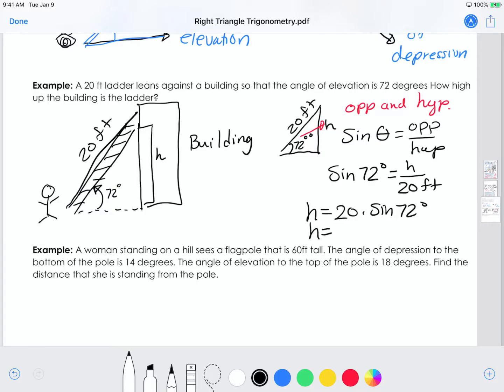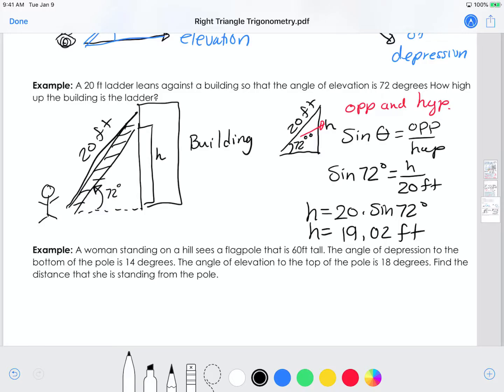Now I want to make sure, since I'm dealing with degrees, that my calculator is in degree mode. So go hit the mode button and make sure you're in degree mode, and then take 20 times the sine of 72 degrees. That's going to give you a height of 19.02 feet if we round to two places.